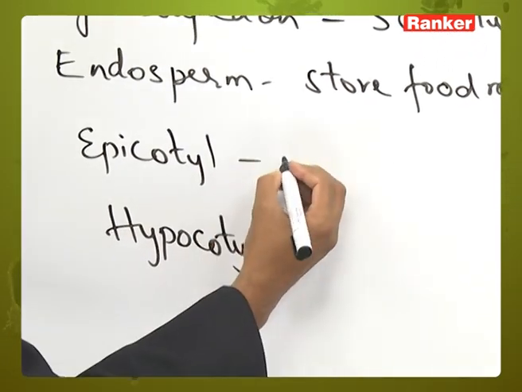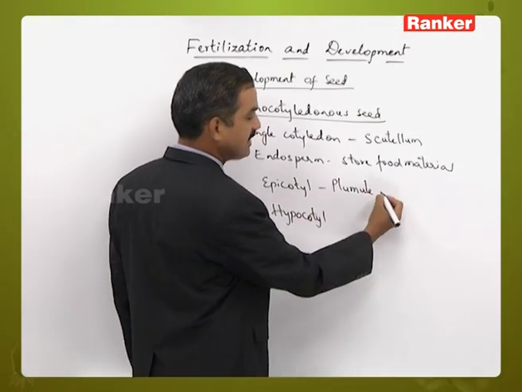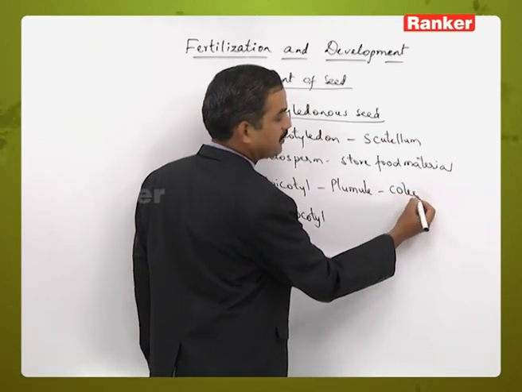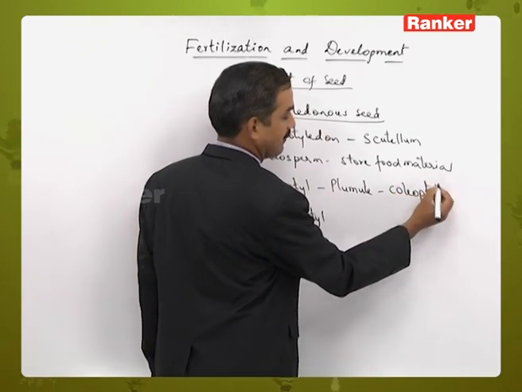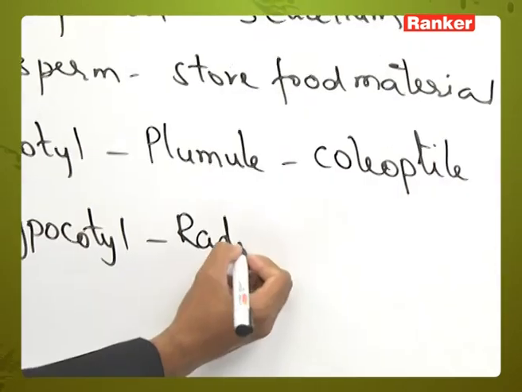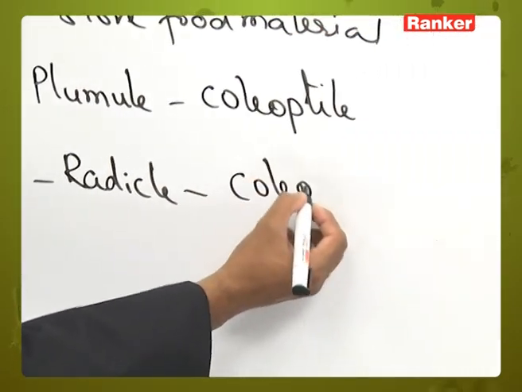In the epicotyle, as we know, the plumule is present. The extreme tip of the plumule is covered with a sheath-like structure called the coleoptile, whereas the extreme tip of the hypocotyle is called the radicle. This radicle is covered with a sheath-like structure called the coleorhiza.